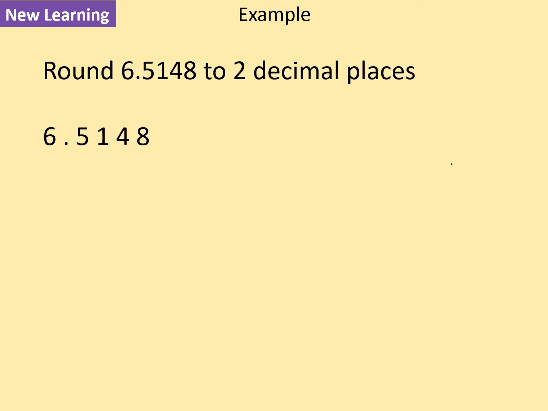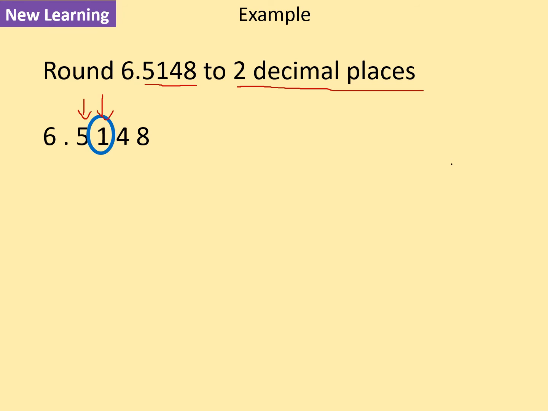Example number 3, this time rounding to 2 decimal places. So I'm going to round 6.5148 to 2 decimal places. This time we're given 4 numbers after the decimal point. If I round to 2 decimal places, I'm going to look at the number which is 2 places after the decimal point.